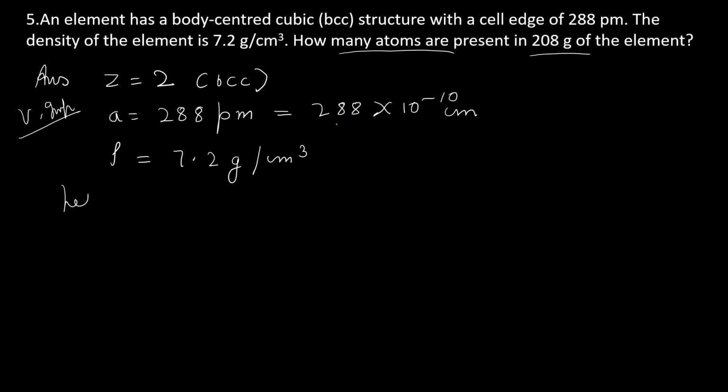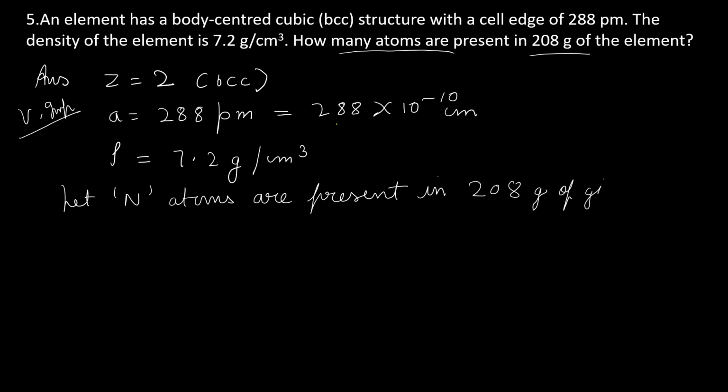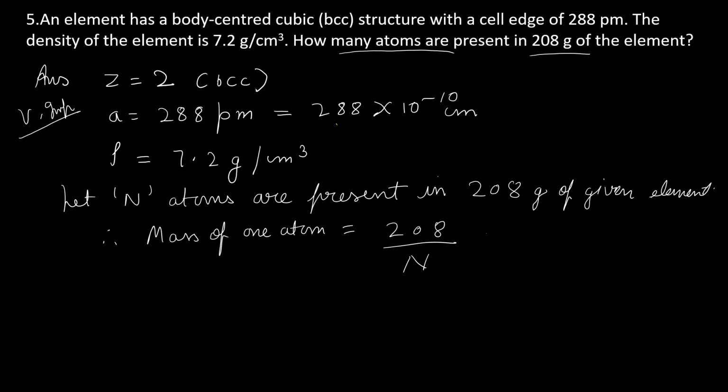Now let n atoms be present in 208 grams of the given element. Therefore, mass of one atom is equal to 208 upon n. Right?